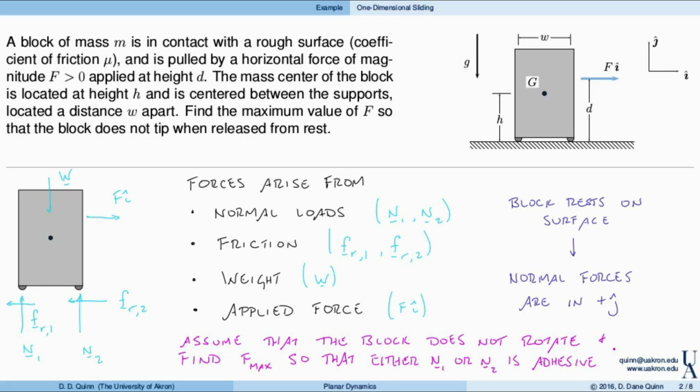And again, that implies that the force is in the minus j direction. So it would be pulling down on the block.